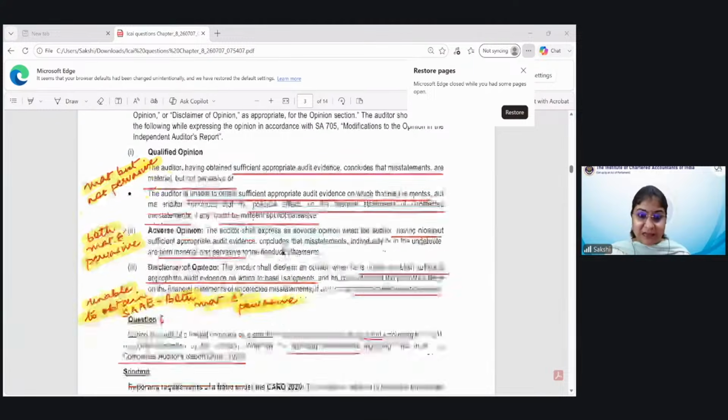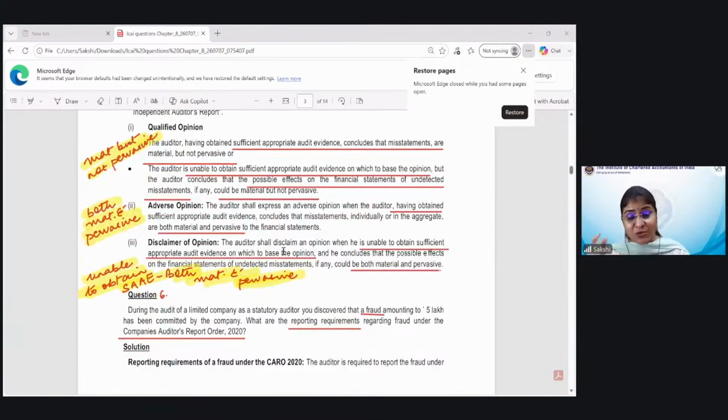On the other hand, this was also a case of qualified when he was unable to obtain sufficient and appropriate audit evidence from a certain debtor. He was asking for external confirmation, but that debtor did not reply. Not replied means he was unable to obtain sufficient and appropriate audit evidence, on the basis of which he concludes the possible effect, why possible effect? Because it could be or it could not be.